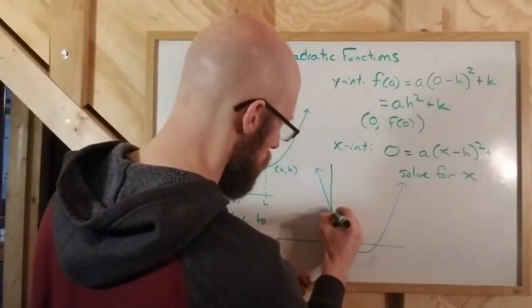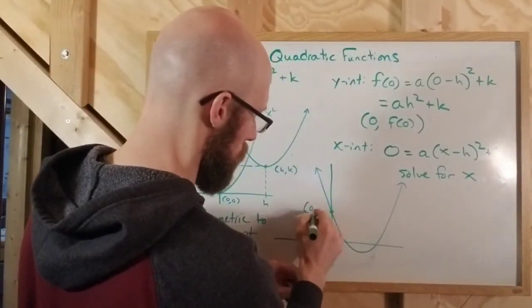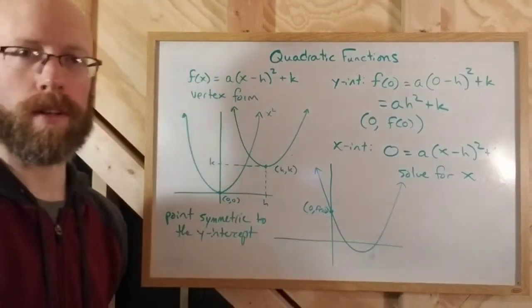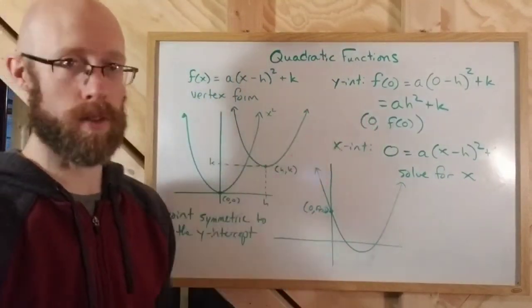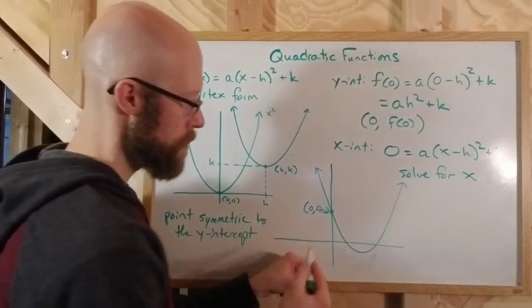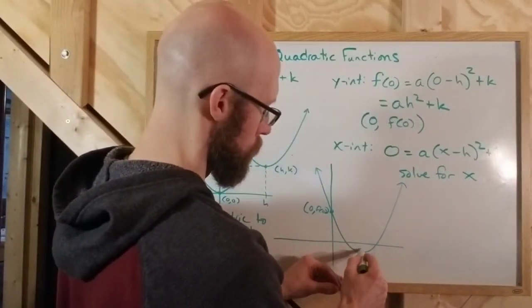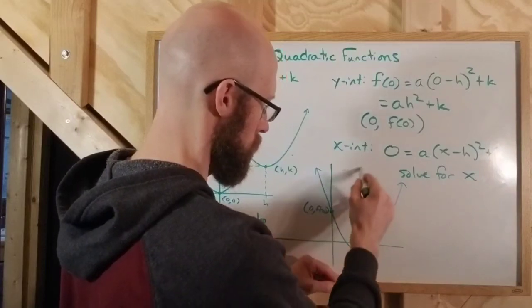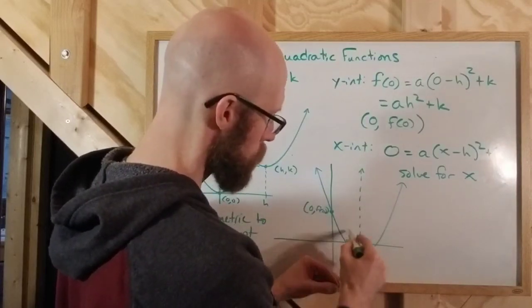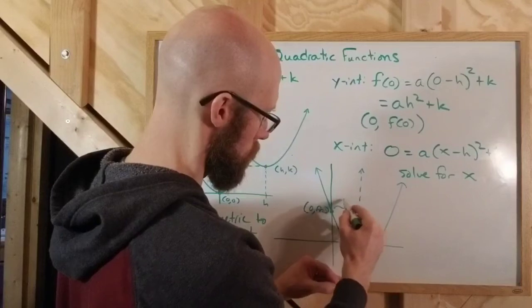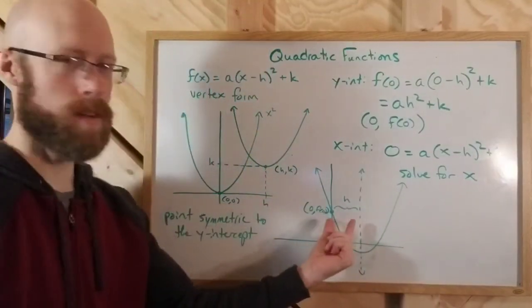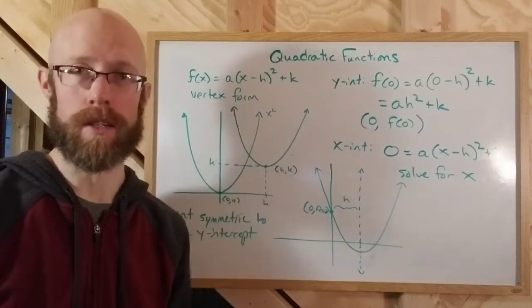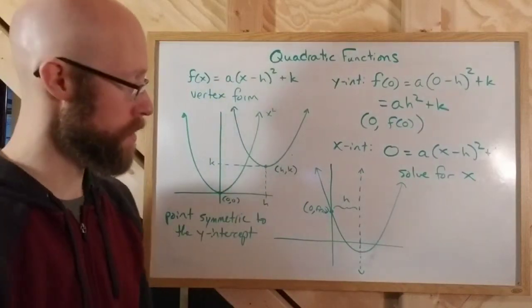Then we know the y-intercept here is 0 comma f of 0, right? You plug in a 0, you get out f of 0, whatever that is when you calculate it. Well, what happens is you have your vertical axis of symmetry, and that's always h units over, right? So to get over to that axis of symmetry, you have to go over to h, whatever h is, left or right, doesn't matter.